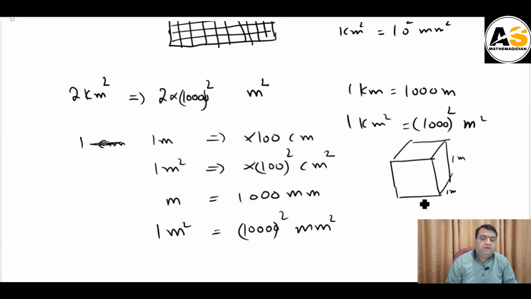Length, width, and height, everything is 1 meter. So the space occupied by this solid is 1 meter cube. If we say the volume of a tank is 100 cubic meter, it means in that tank we can place 100 such cubes whose each side is of length 1 meter.